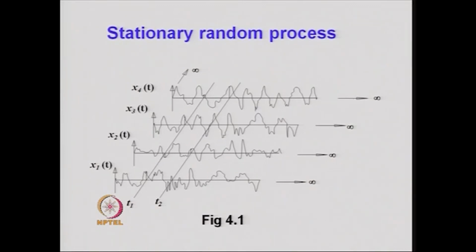If we look at this figure, we see that at time t1, x(t1) can assume different values, and if we have a number of such records, then x(t1) itself is a random variable which can assume any value depending upon the number of records that you have got.